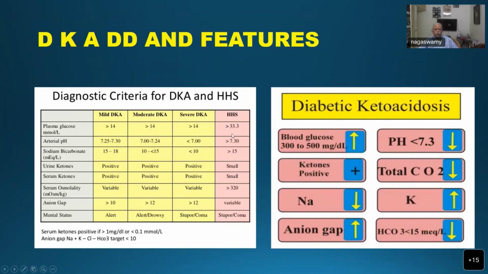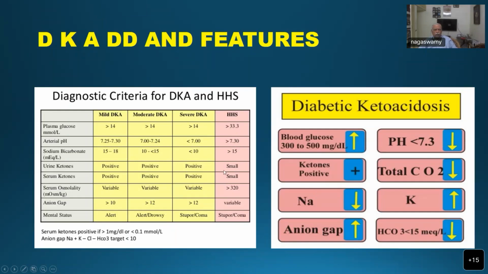And pH will be mostly normal in hyperosmolar syndrome, whereas in DKA it is slightly decreased in mild cases, 7 to 7.24 in moderate, and with severe DKA pH may go below 7. Bicarbonate will be reduced depending upon the severity, whereas it is normal or more than 15 in hyperosmolar syndrome. And ketones are very negligible in hyperosmolar syndrome.